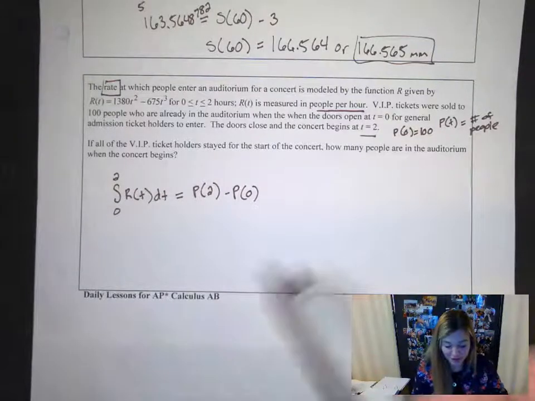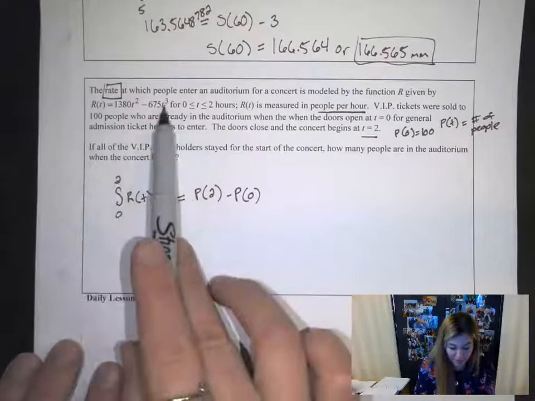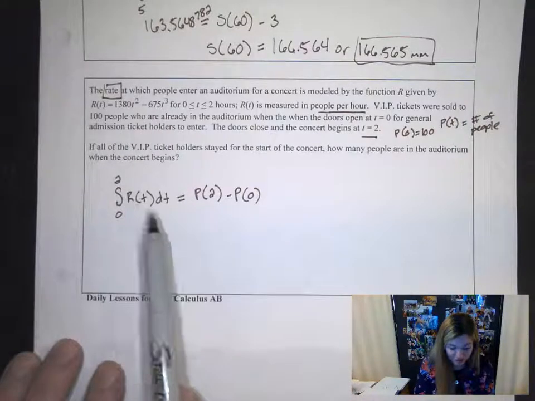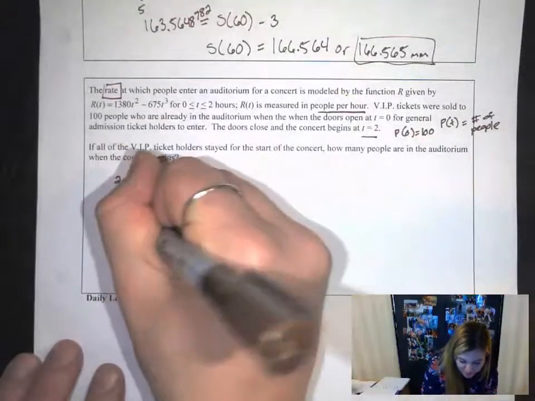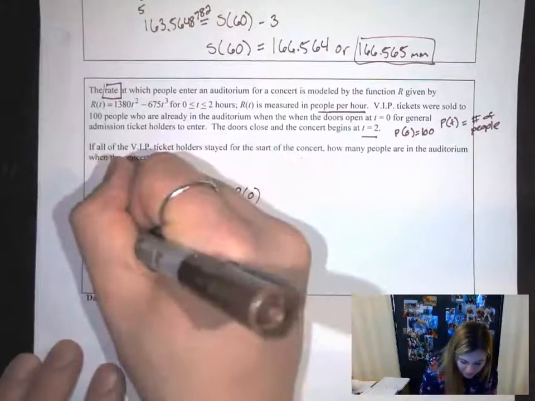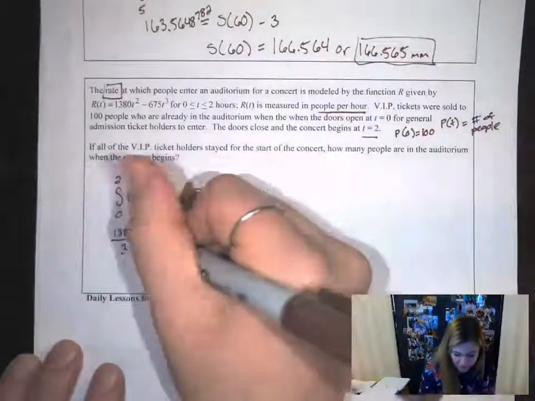This one we actually could do without our calculator too. You could add 1 to this exponent and divide by the new exponent, add 1 to this one and divide by the new exponent, and evaluate from 0 to 2. So actually let's just do that. This would be 1380 divided by 3. Ugh, this could be gross real quick though.